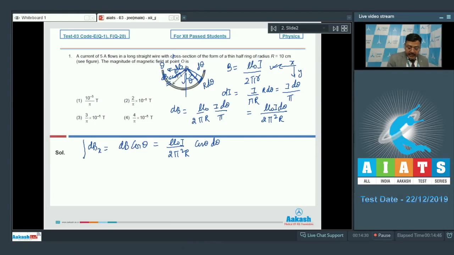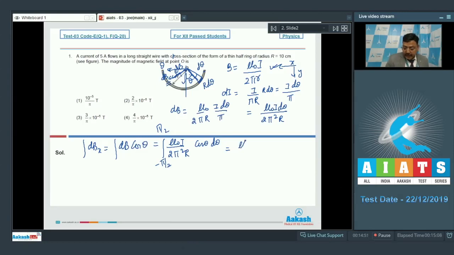Let's integrate it, and the limit of theta of course will go from minus pi by 2 at this point to plus pi by 2. So I put the limits as minus pi by 2 to plus pi by 2.